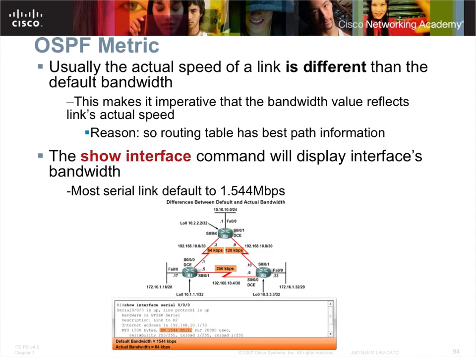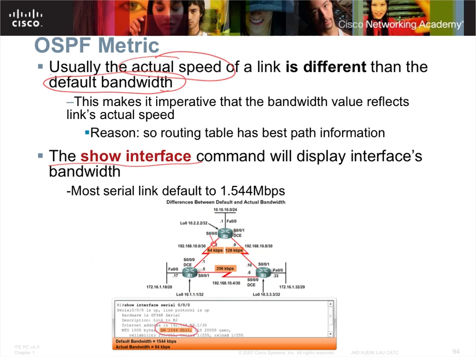Recap, a minor point. There is a difference between the actual speed and the default bandwidth. The actual bandwidth may be less than the theoretical or the default bandwidth. In that case, if you show the interface here, the interface will show the default bandwidth.